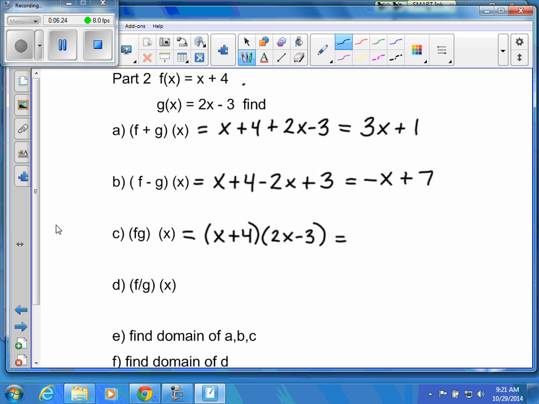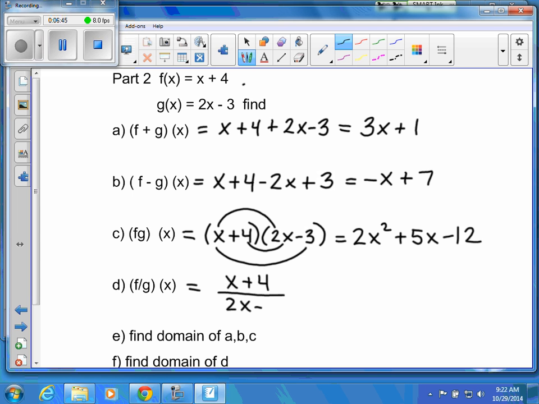It'll give you 2x times x is 2x squared. 8x, take away 3x, is 5x, minus 12. Final answer. And the last one. X plus 4 over 2x minus 3. You cannot simplify that. You just leave it alone.